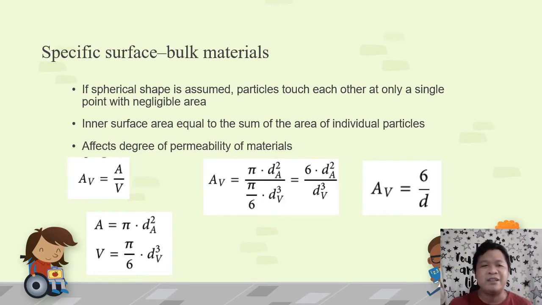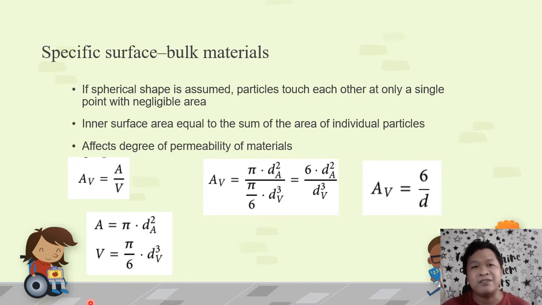So in that regard, we assume that kung spherical yung shape ng particles natin, yung loss nung sa area dahil sa kanilang contact points ay negligible. And therefore, yung total area nila is same lang nung sum ng individual areas, okay?